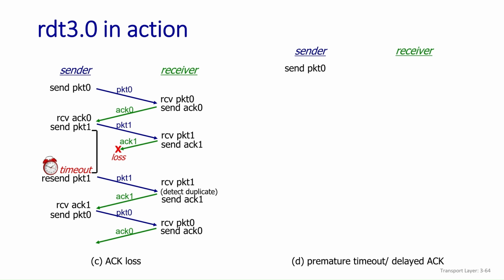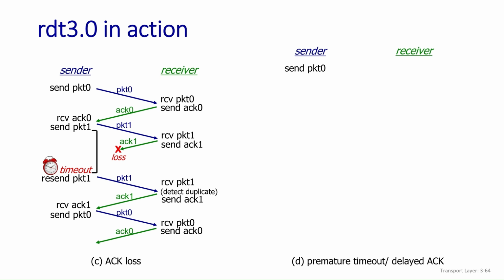This is the case that we were talking about, a delayed or premature timeout or a delayed acknowledgement. Remember where we made a transition back to wait for 1 from above or 0 from above, right? Taking no action, right? Do you remember that action?